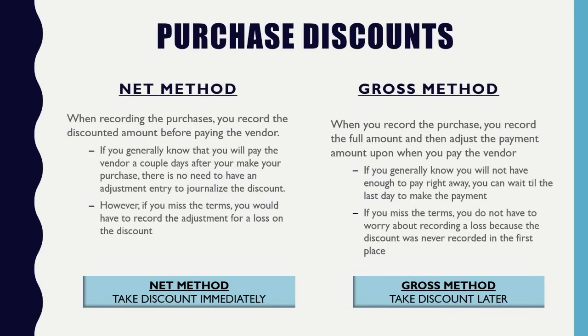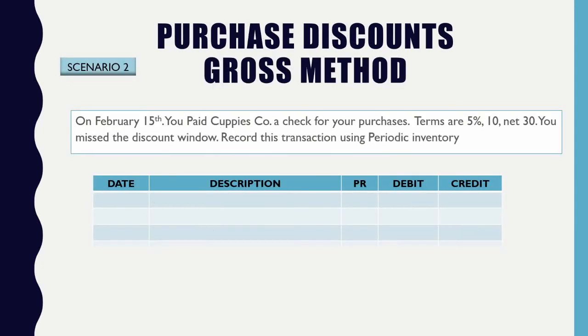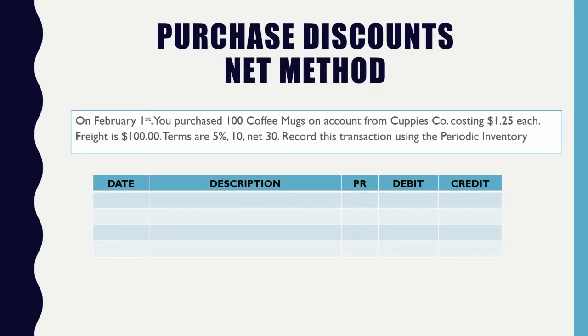These are conditions or discounts that vendors typically offer to us as an incentive, so then we can pay them back quicker, right? As I mentioned before, typically we would use the gross method because as a small business, you wouldn't know if you have enough money. So I'm going to be testing you on how to journalize the net method. Okay, so no to the gross method, but the net method.